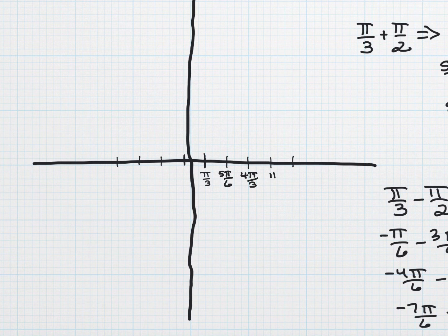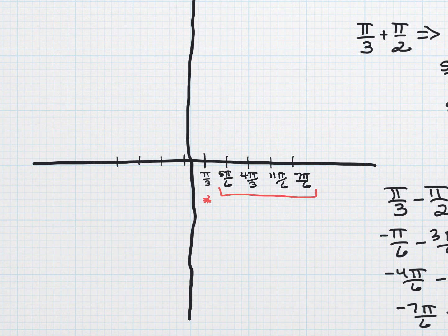Then the 11 pi over 6. And then lastly, the 7 pi over 3. Again, your goal is to get 4 additional points to the right of your starting point, because again, remember we shifted it to the right.